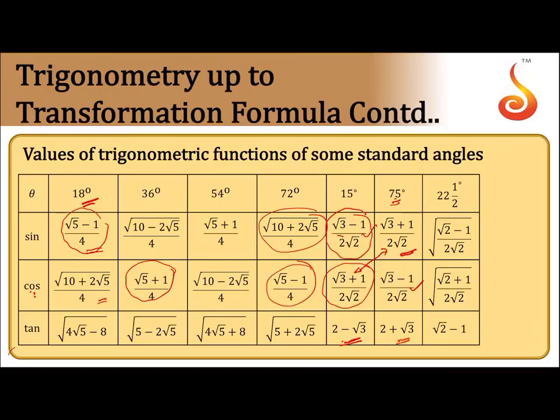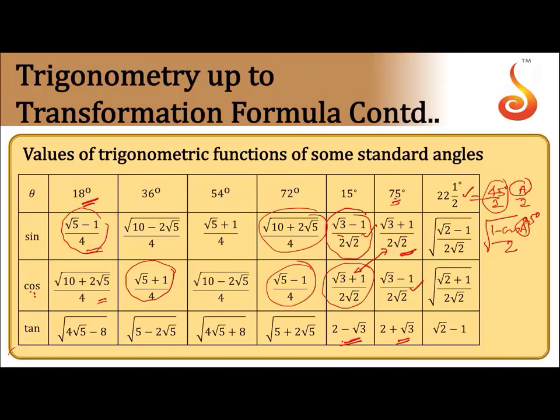Very much useful formula. And 22 and a half is nothing but half of 45 degrees. That means in the formula for A by 2, you substitute A equals 45 degrees, and sine A by 2 is under root of 1 minus cos A divided by 2, where A is replaced by 45, so A by 2 is 22 and a half degrees.